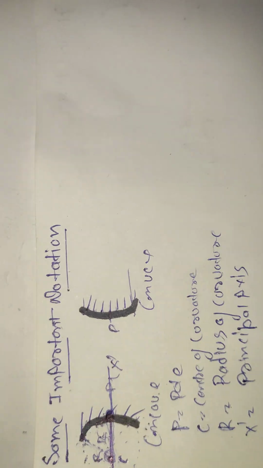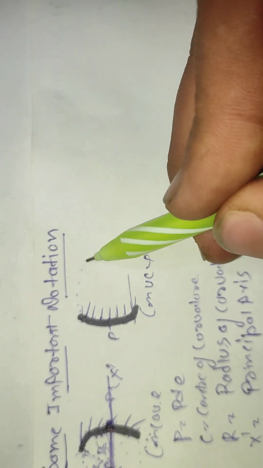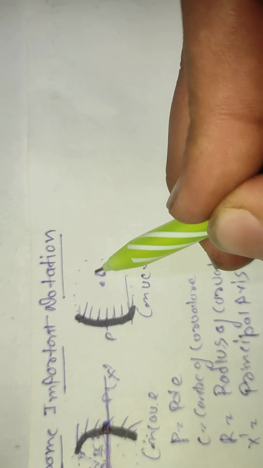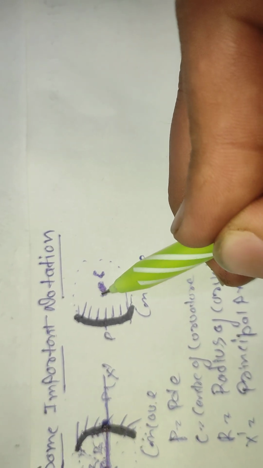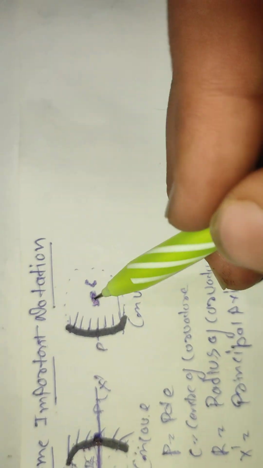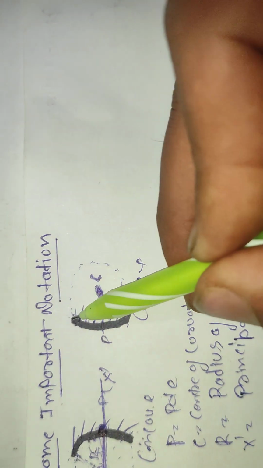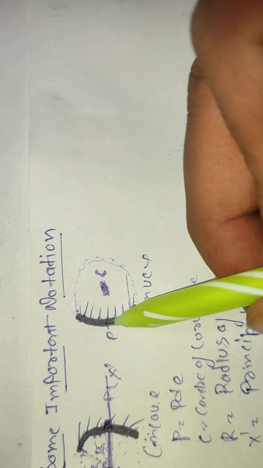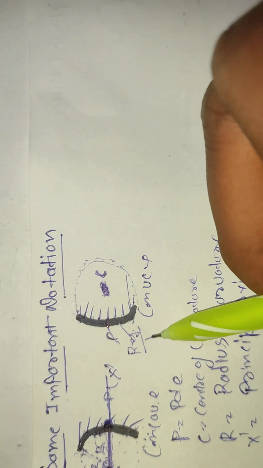Now this is our convex mirror. This is the imaginary circle, and assume the center is here, a hypothetical circle, like a sphere. This is our reflective mirror.